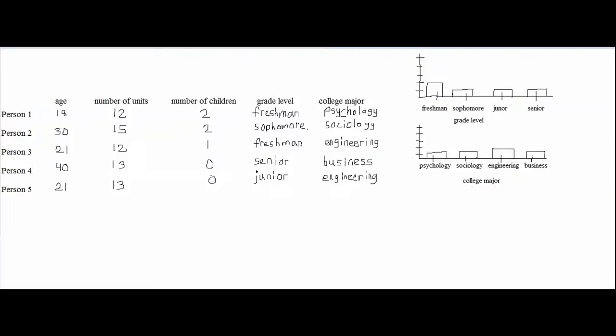When you make a histogram, you start with a number line, like this, and then we would start with the lowest value right here, which is 0. We would mark off all of the different values that appear. The only values that appear are 0, 1, and 2.